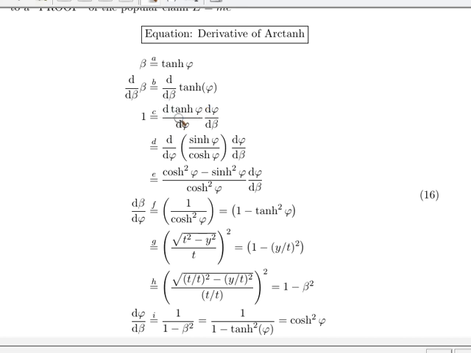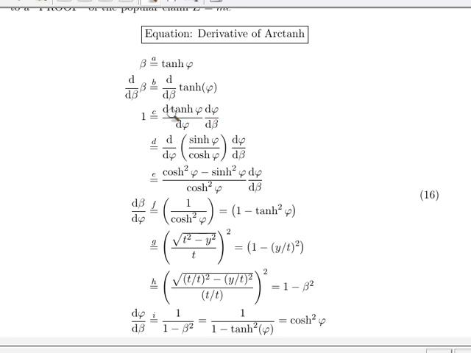Notice we don't really know anything about the result; it's just using the chain rule to describe what happened. So now we've isolated del phi del beta, which is actually what we want. The hyperbolic arctangent derivative is del phi del beta. That was a cool trick we just did there.